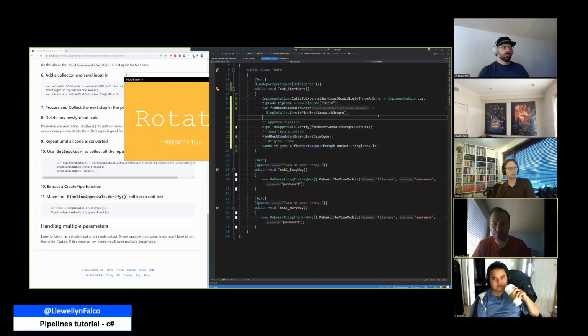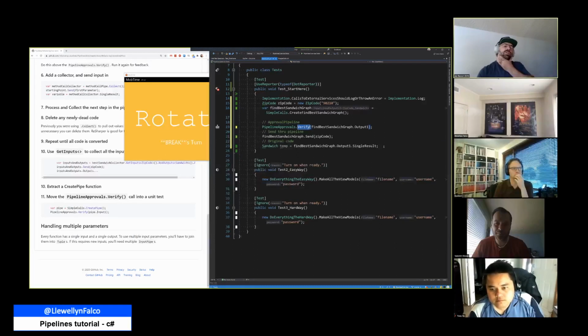Oh, and in this thing we have 2 things. So we want to verify the sandwich and also the graph. Isn't that 2 things into one? The original code wasn't actually verifying anything, it was just running.